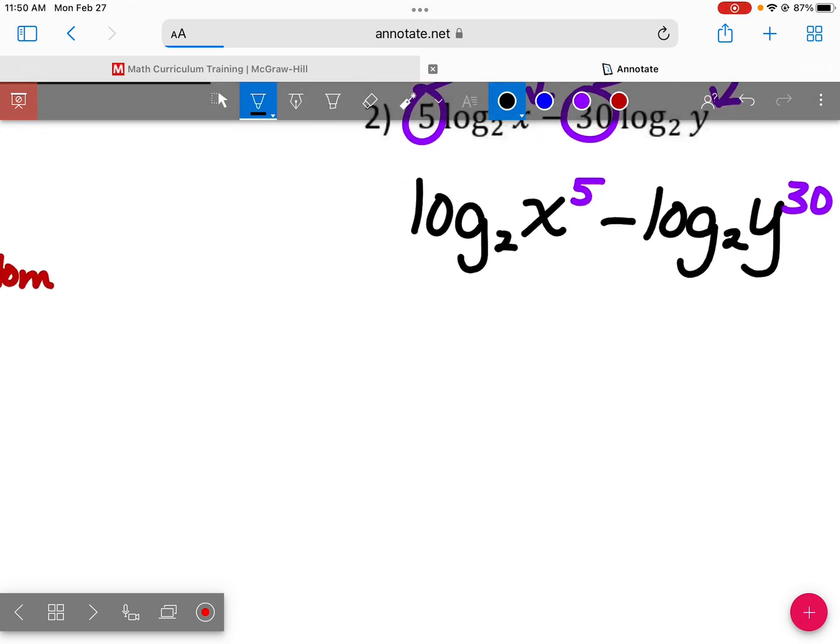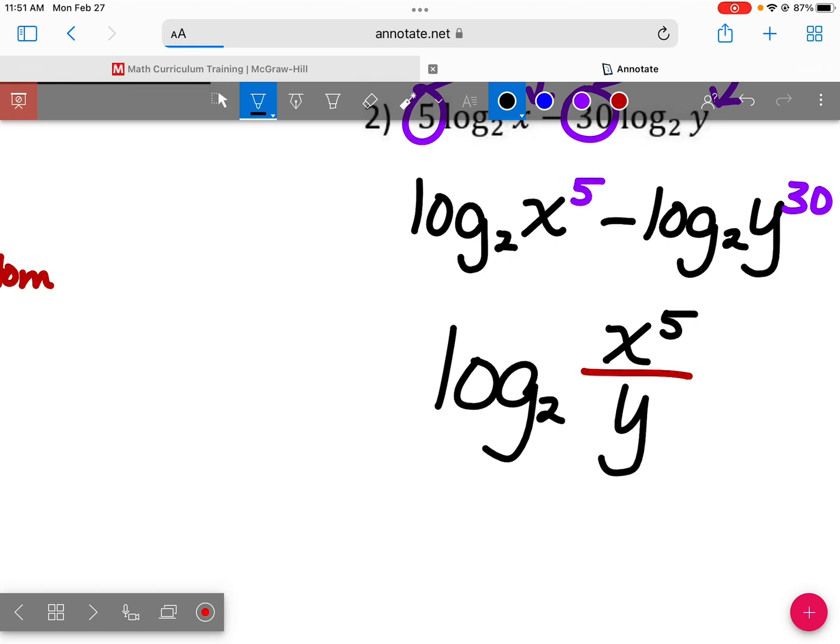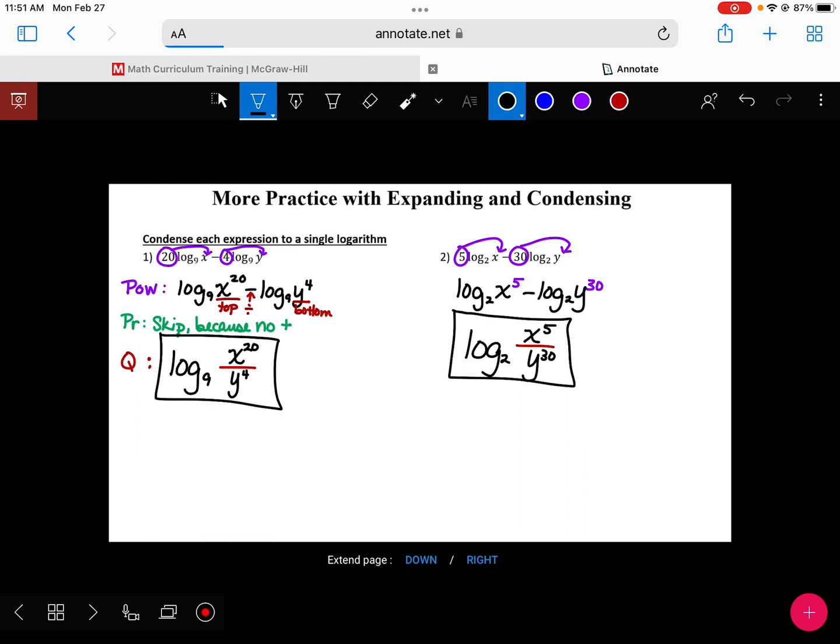How many logs will I have in the end when it's fully condensed? Just one log. It's not fully condensed if you have log written down more than once. X to the 5th goes in my numerator. Y to the 30th goes in my denominator. Nice work.